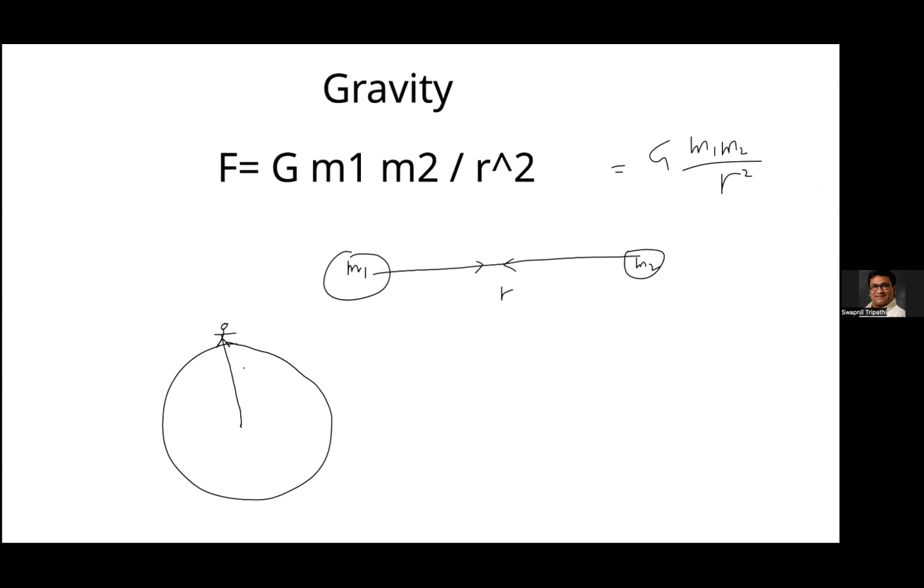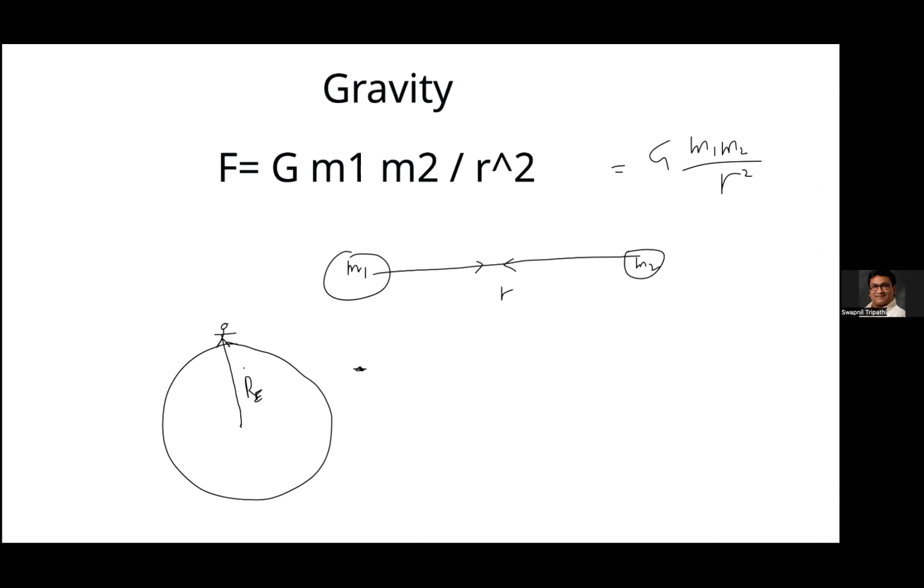And that is basically the radius of the earth. So if you look at this, the force with which the earth pulls an object, pulls a person, is actually the weight of the person. The weight is the force with which the person is being pulled by the earth.